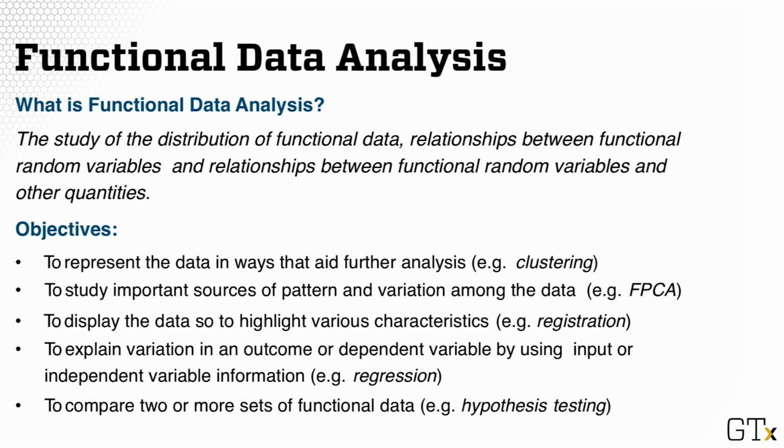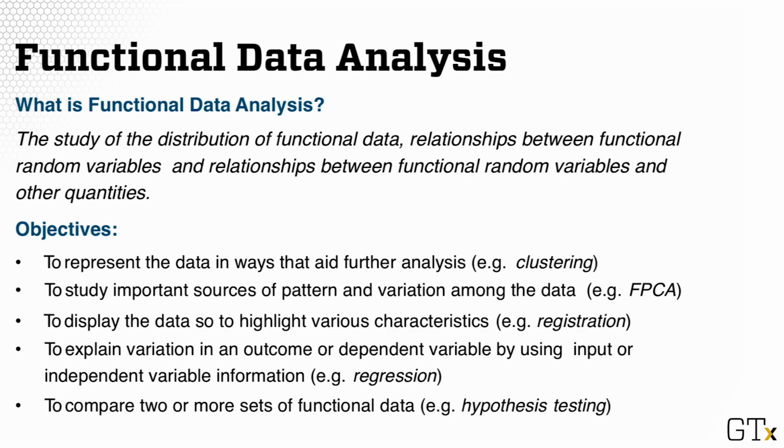For example, two of the most common objectives are representing the data in ways that aid further analysis through functional clustering, or studying important sources of pattern and variations among the data through functional principal component analysis. Functional data can often be observed shifted in time, and thus alignment or registration of the functional data can be used to display the data to highlight various characteristics of the generating process.